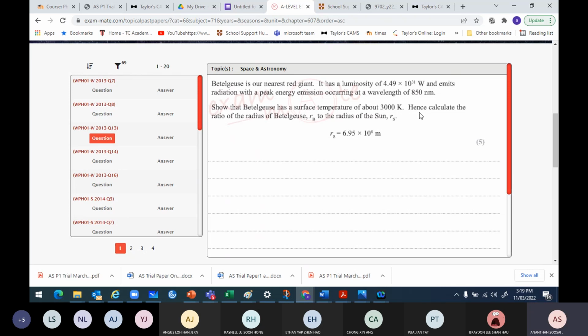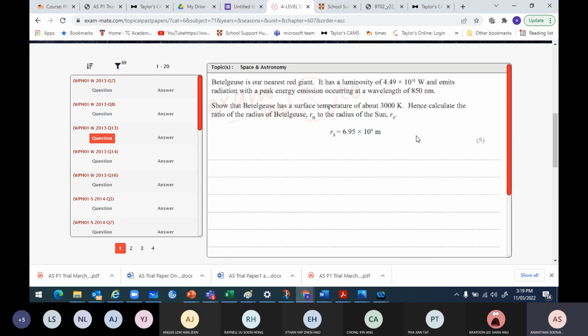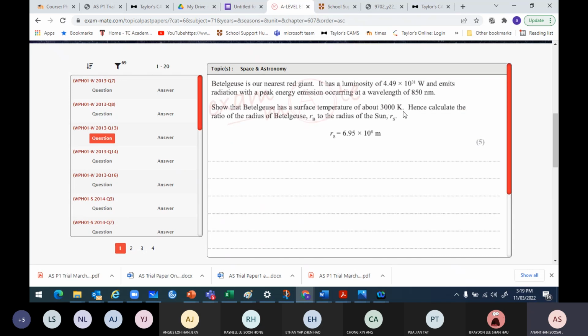Okay, next, can you figure out how to find the radius? Hence, calculate the ratio of the radius of that red giant, RB, to the radius of the sun. Okay, this question, I think maybe at Excel, the radius of the sun needs to be given in the exam. That's why they never stated the radius of the sun. But if it's in Cambridge, they must give the radius of the sun for us to compare.